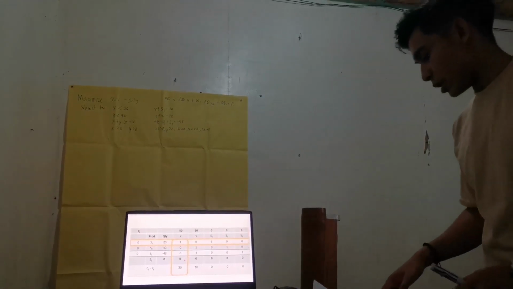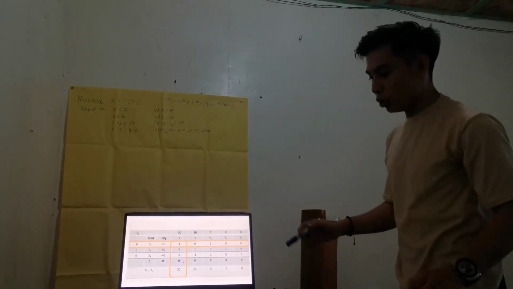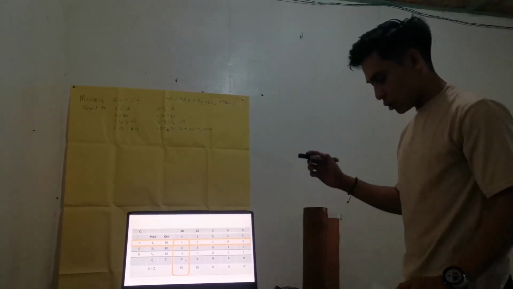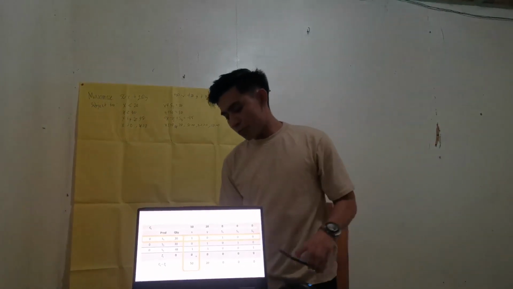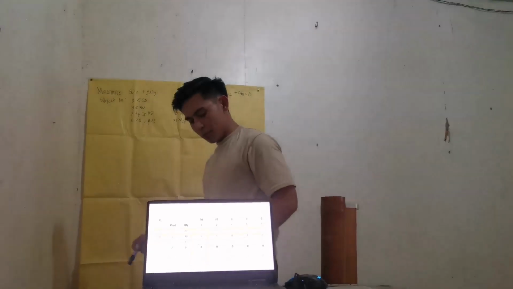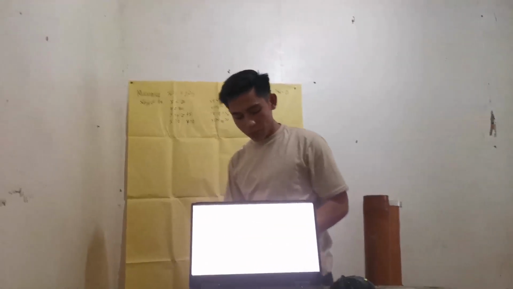In order to change that, we use the formula from earlier: the element in the old row minus the associated element found in the pivot row and the element found in the pivot column, all over the pivot element.